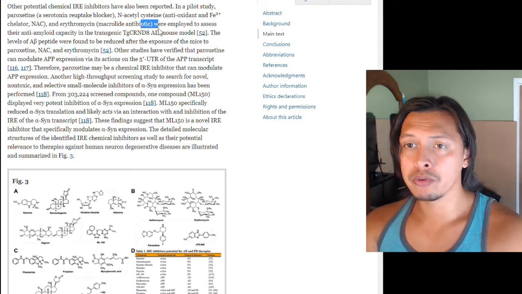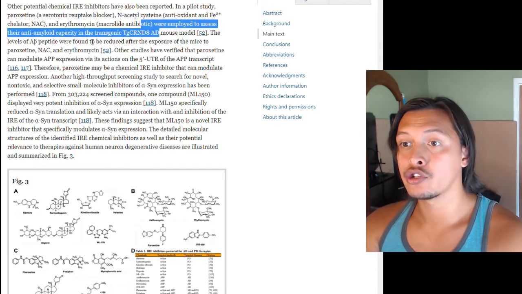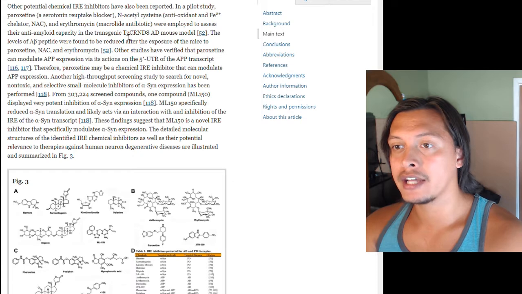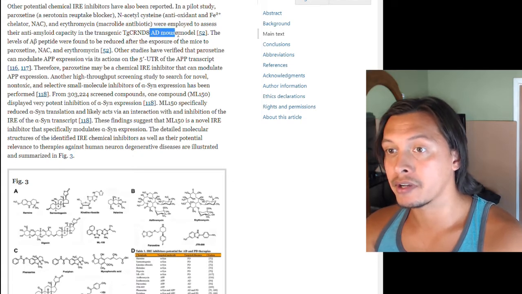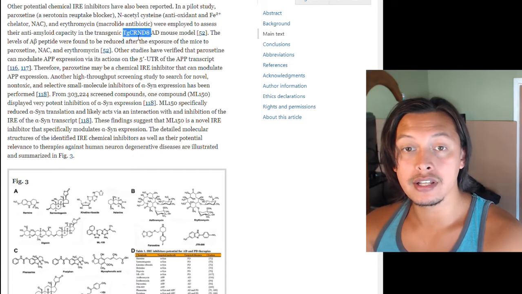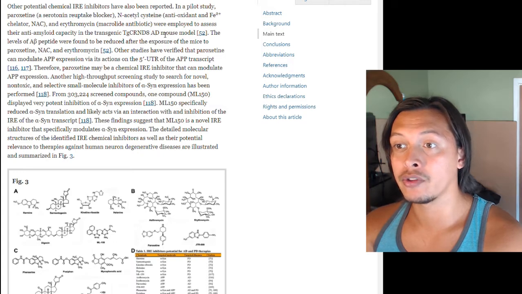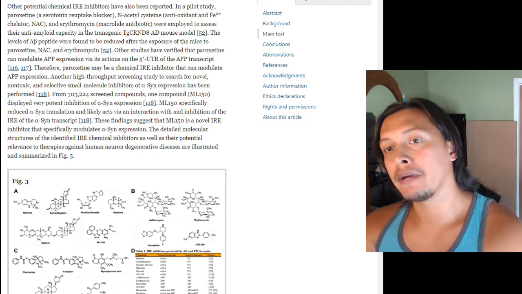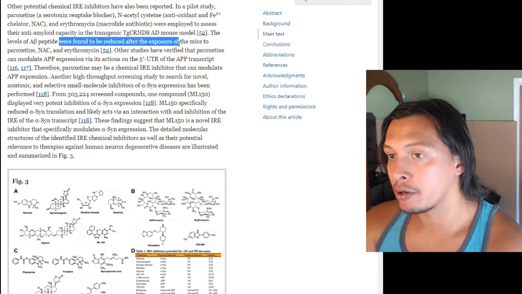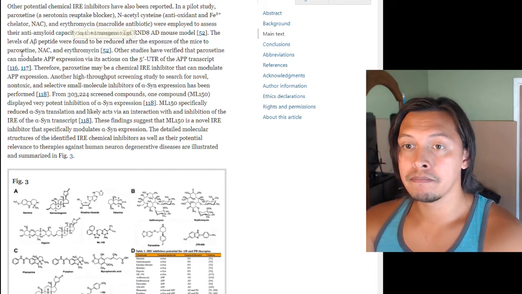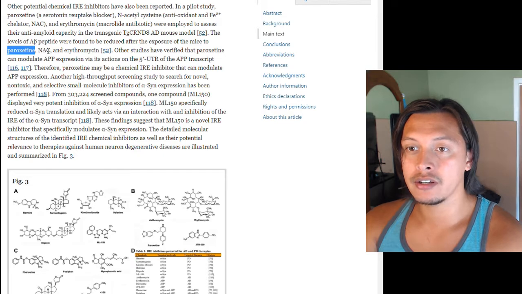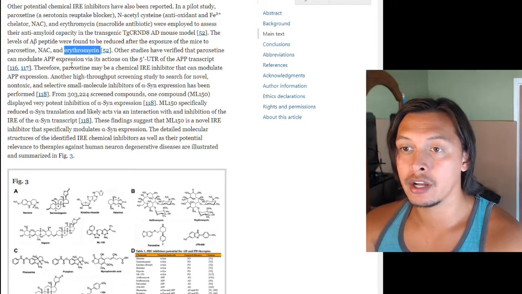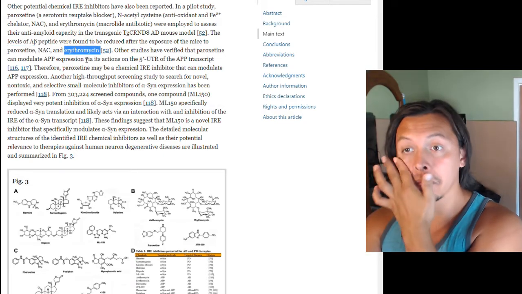Anyways, these were employed to assess their anti-amyloid capacity in the transgenic TgCRND8 Alzheimer's disease mouse model. So this is just the name of it, and it's a mouse model that gets Alzheimer's disease pretty much guaranteed. And the levels of amyloid beta peptide were found to be reduced after the exposure of mice to paroxetine, N-acetylcysteine, and erythromycin.